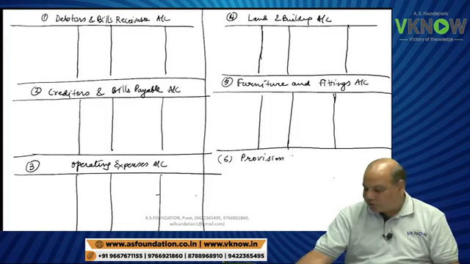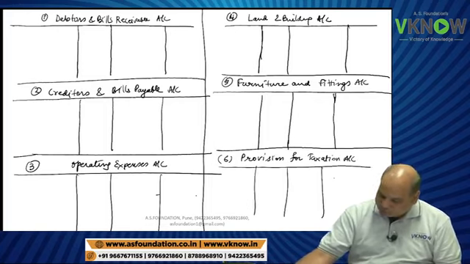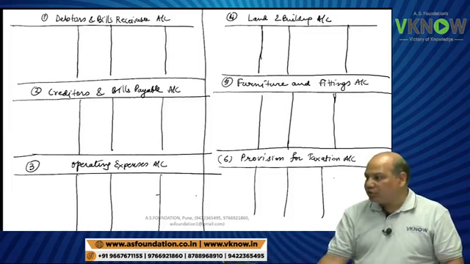Then working note 6, write down provision for taxation account, 5 or 6 lines.